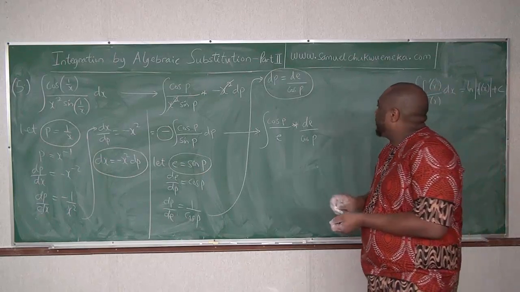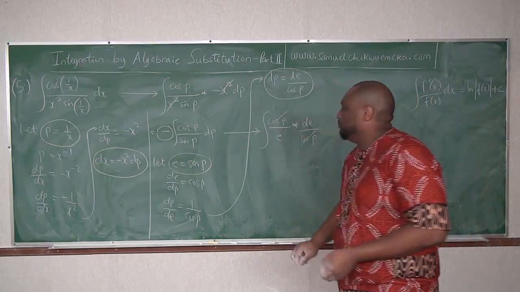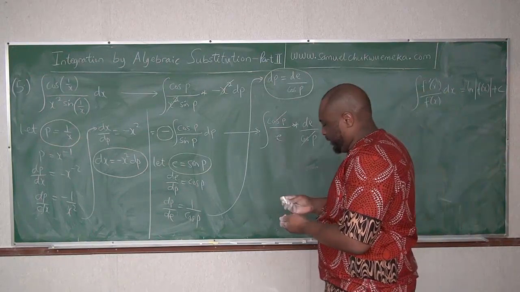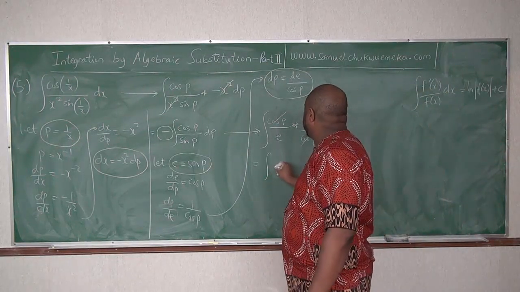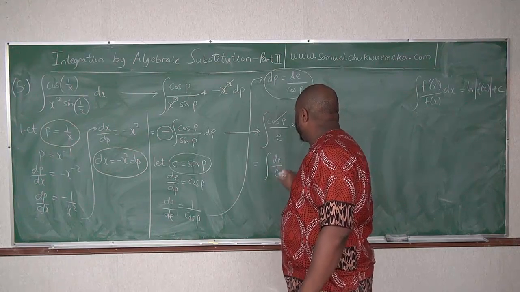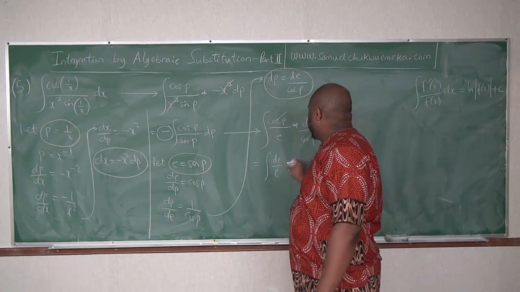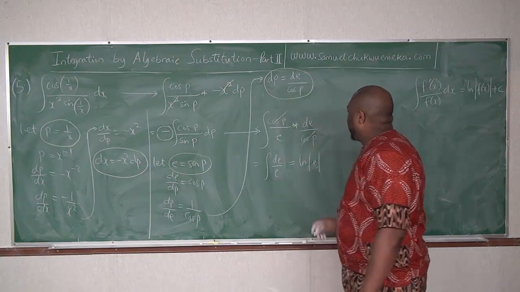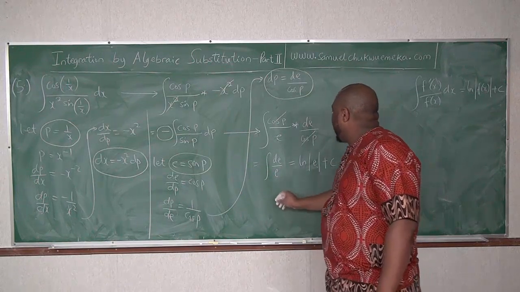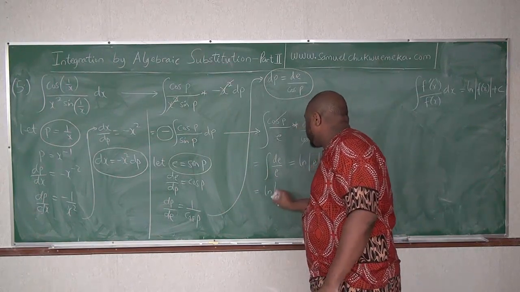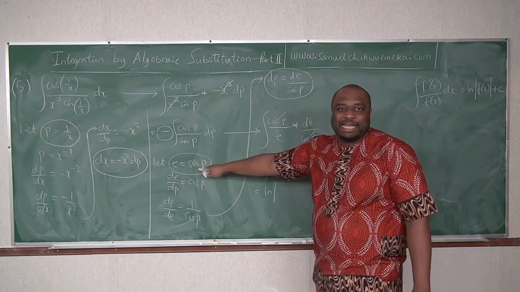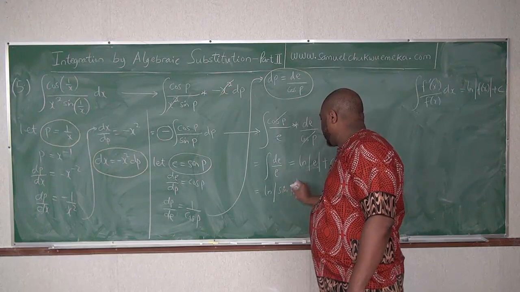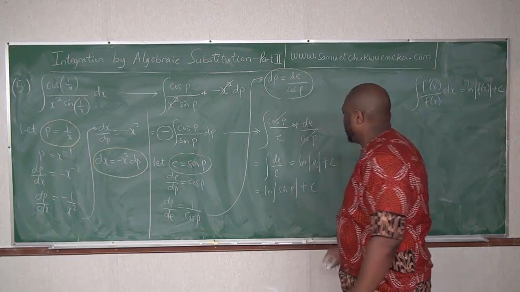So this will be the integral of dE over E, and that gives us ln absolute value of E plus C. And E is sine p, so ln absolute value of sine p, plus C.